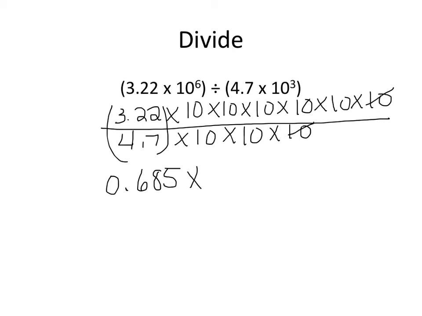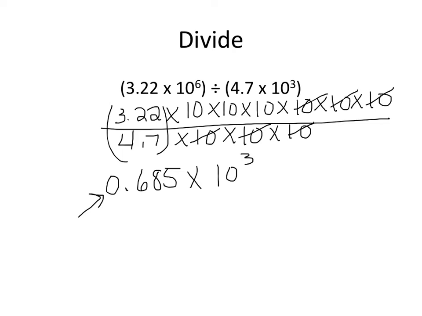Now when you're dividing by powers of 10, if you look at this, for every 10 on the bottom, I can cross one off the numerator. So since there are 3 in the denominator, I'm going to cross off and reduce out 3 from the numerator. That leaves us 10 to the 3rd power left. So if you think about it, first of all, this number is too small. In scientific notation, the decimal part also has to be greater than 1.